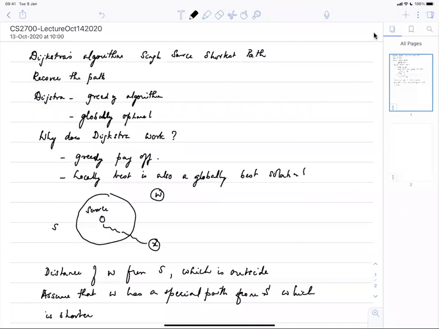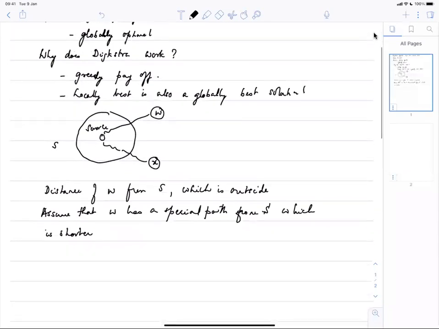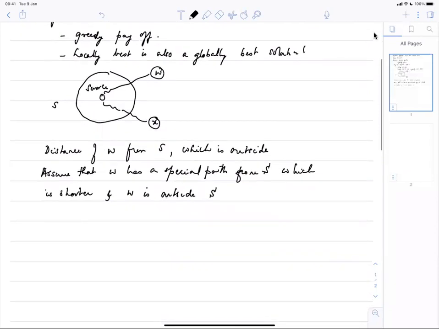So we assume that there is a special path from the source S to W, which is shorter, and W is outside S. So that means if it's shorter, it could have gone through some other vertex X.